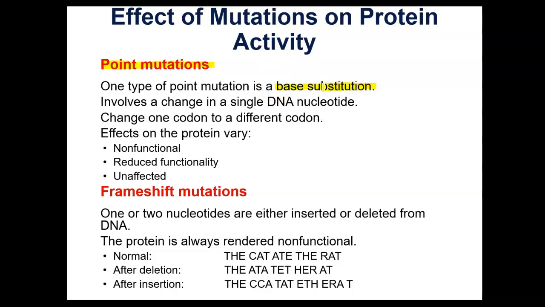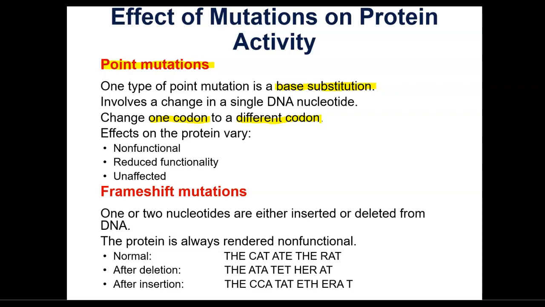So if the base is a T, maybe it's substituted with an A. It's a change in a single nucleotide base. So it changes one codon or triplet code on the messenger RNA to a different codon. So maybe it's AUG, start codon, changed to AUC, which would not be a start codon.